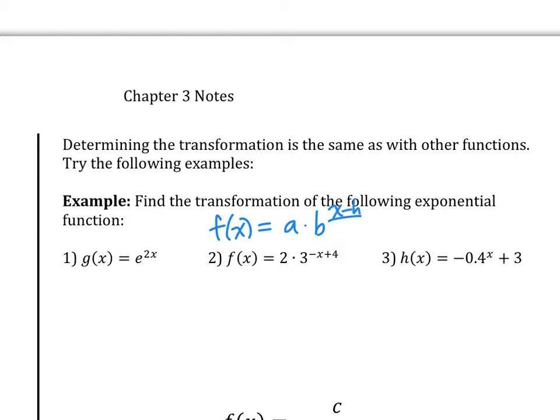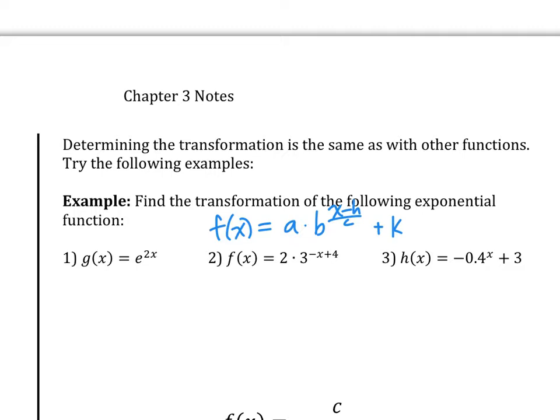But this time it's going to be over c because we have the horizontal stretch and compress. And then we have a plus k that comes outside of the function. So it's the same thing as before, a, h, k, but this time we have a new letter c that has to do with horizontal stretch and compress. And remember, h is inside the function, k is outside. Now the base b has nothing to do with the transformation. That is just the parent function.